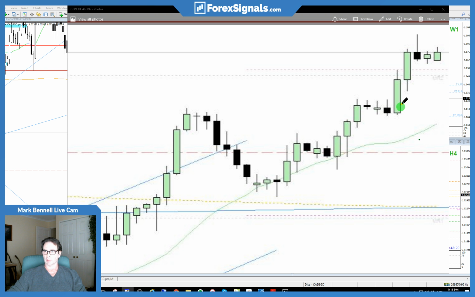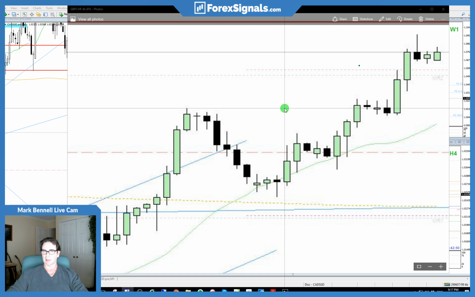So let's have a look at this one. Here's the lead-in candle. 3 candles inside. Big, nice big candle here. Look at the context. All right, look where this is appearing.